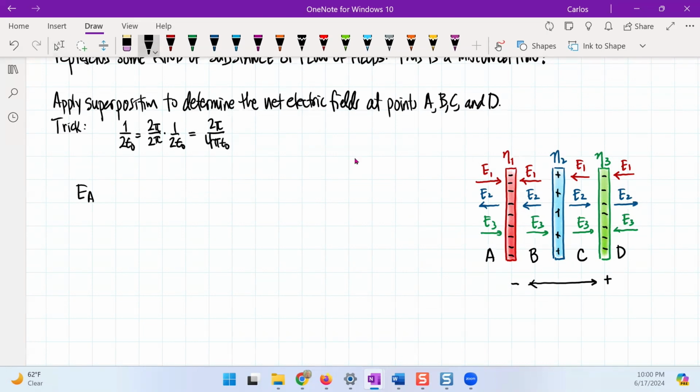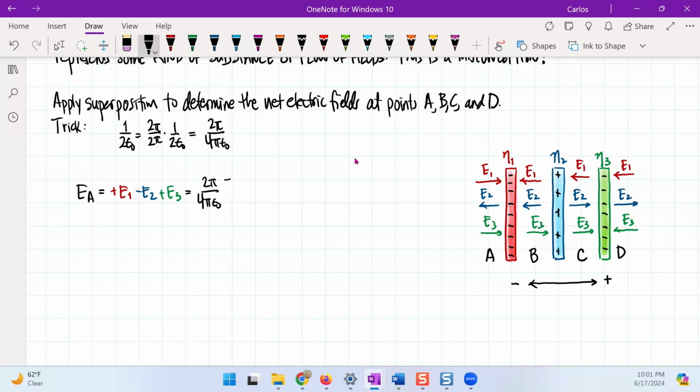So if I look at A, you could see that the red is pointing in the positive, the blue is pointing in the negative, and the green is pointing in the positive. So when I look at superposition, I get plus E1 minus E2 plus E3. This is going to be eta over 2 epsilon, but I can replace that by 1 over 4 pi epsilon times 2 pi.